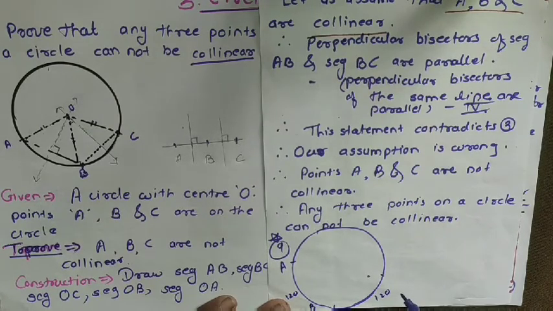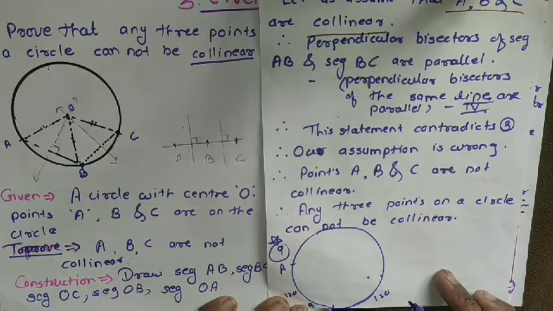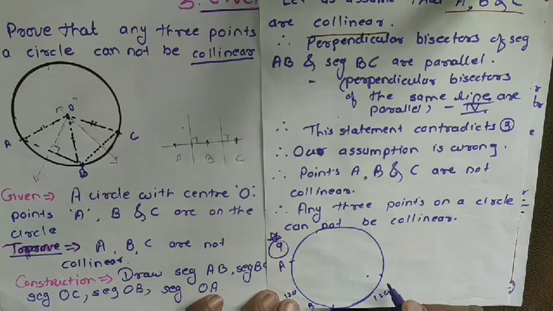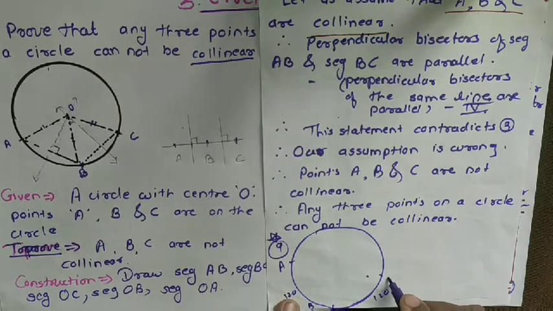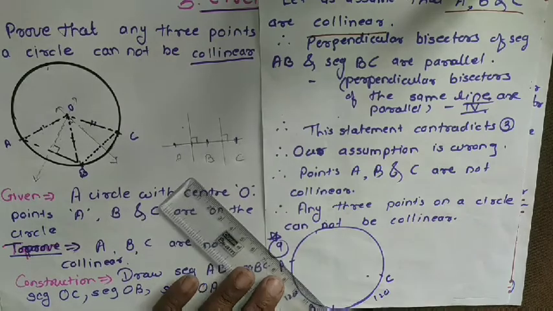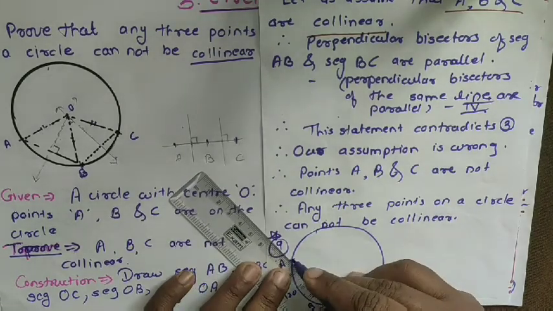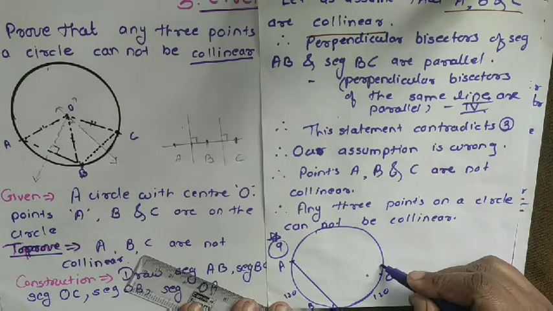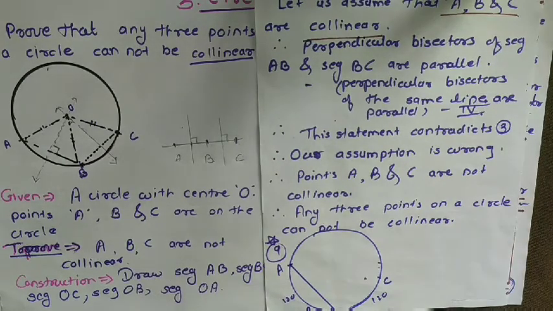And there is no point except B on the circle which is common between arc AB and arc BC. If we draw this triangle, what type of triangle is it? That is the question. Suppose this is 120, we will take slightly equal measures. So here it is BC.